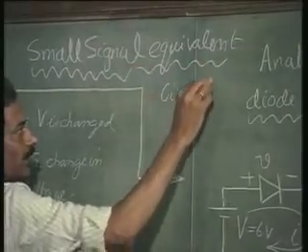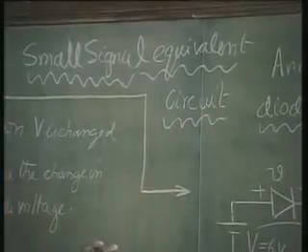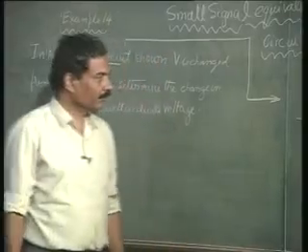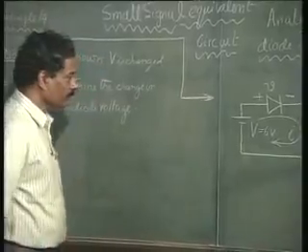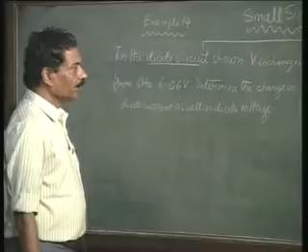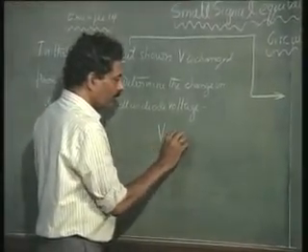What is the small signal equivalent circuit for the diode? When it is operating at a certain operating point and it is disturbed by a certain signal. Now the signal is this voltage is changed by some amount, delta V. So V is changed from V to V plus delta V. So let us say V is changed from V to V plus delta V.